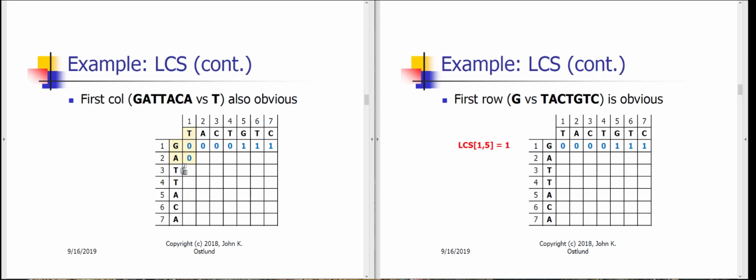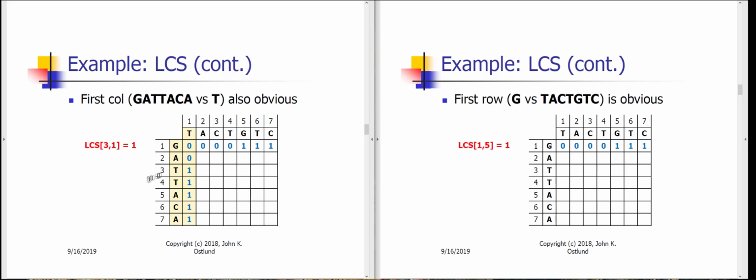Now T does match T, so the longest common subsequence of T versus GAT is going to be 1. And since there's only 1 symbol in the second sequence here in our prefix, all the remaining rows are going to be filled in with 1 as well.